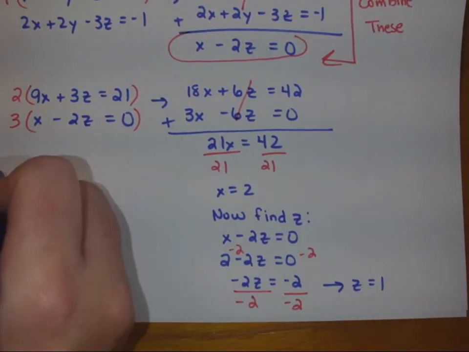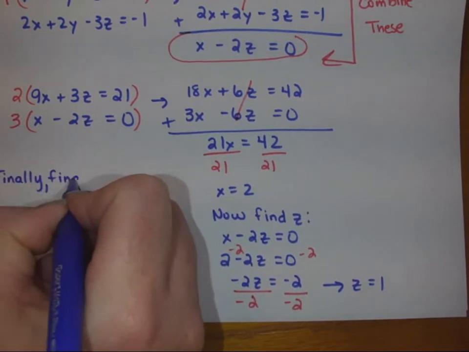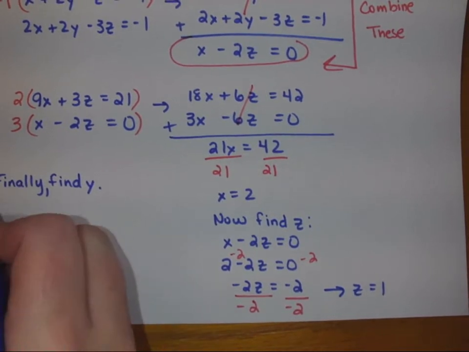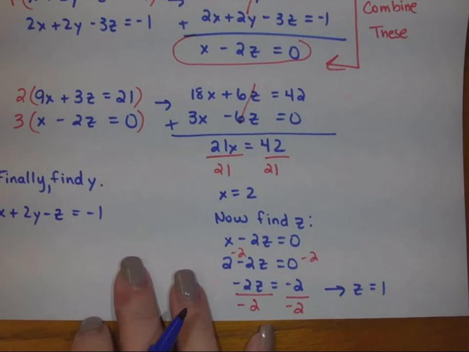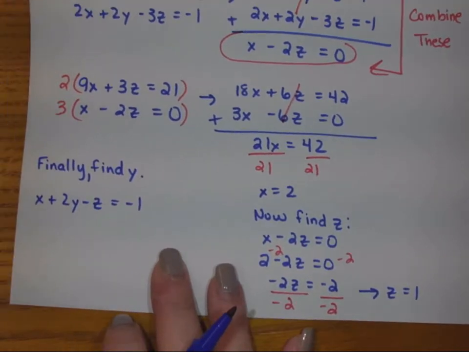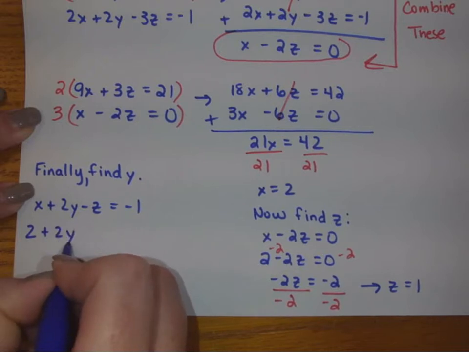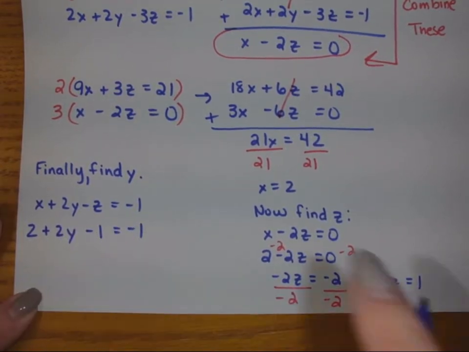And then last but not least, let's finally find y. Take any of the original equations. I'm going to take the second one because it's the smallest in number. So x plus 2y minus z was negative 1, and let's plug in what we know. We know x is 2, we don't know y, and we know z is 1. So 2 minus 1 is 1.